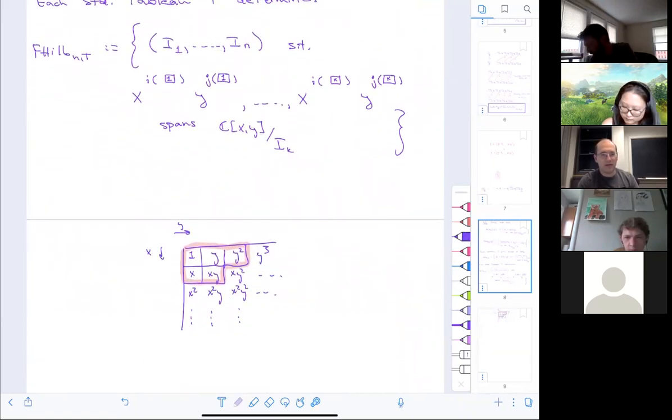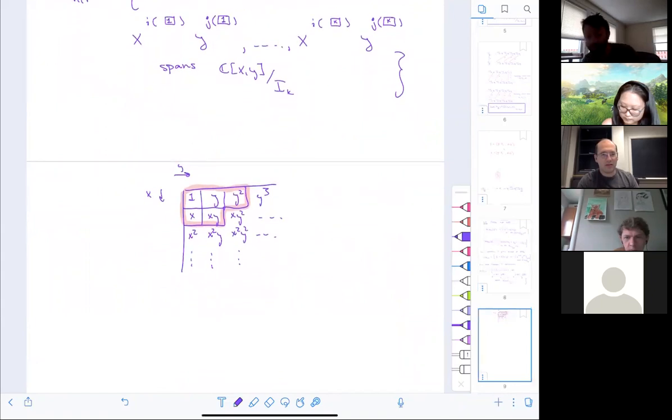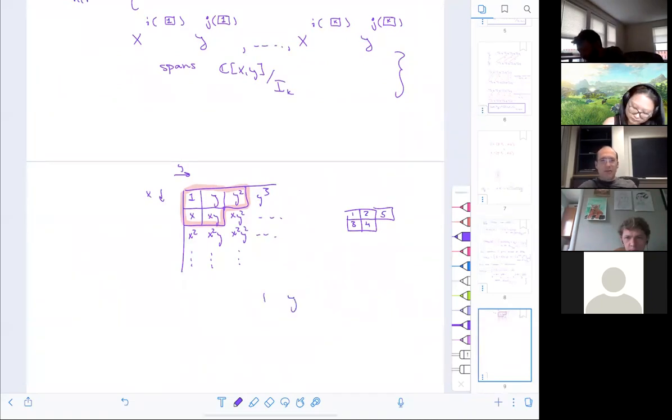Each tableau determines not just a set of monomials, but really an ordered set of monomials. So for example, if our tableau was 1, 2, 3, 4, 5, our ordered list of monomials here would be 1, y, x, xy, and xy squared.